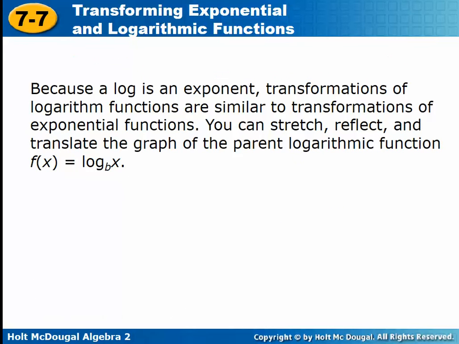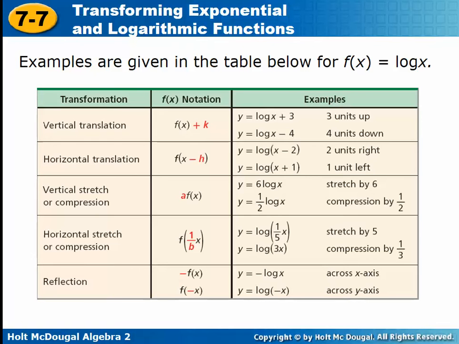Okay, so we're going to look at graphing these on your worksheet using Sketchpad, and I have that all set up. But before we move to that, the transformations for log functions, logarithmic functions, are very much the same. Instead of 2 to the x, we have log of x plus 3 means you're moving up 3 units, and log of x minus 4 is down 4 units, and so on.